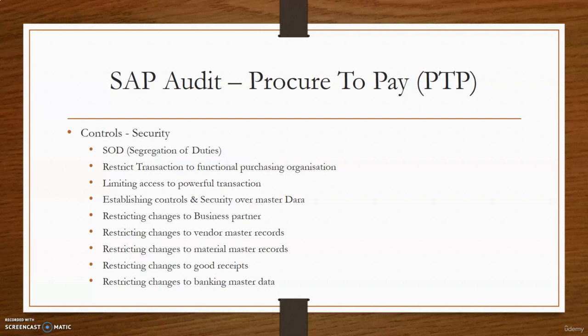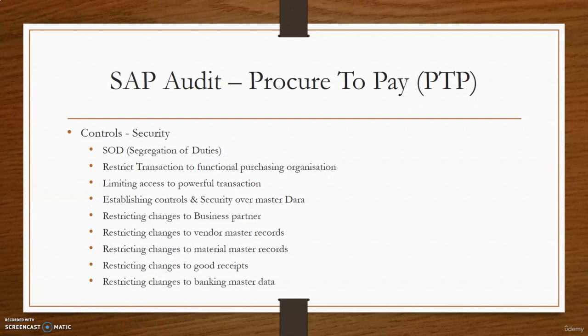The next is restrict changes to business partner. SAP provides a variety of mechanisms to restrict changes to business partner master records. Security permissions can be set to restrict changes by specific field value, to specific fields within the business partner record, on authorization group, by business partner role, on relationship category, or by relationship group.